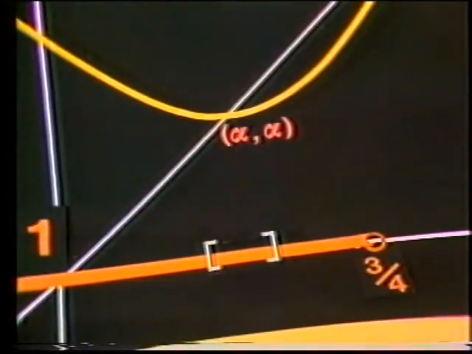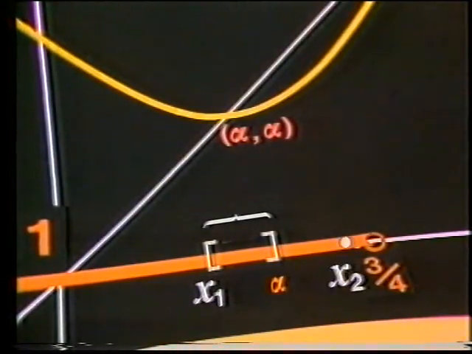Well, what's the furthest that x1 could be from alpha? It's got to be the length of this interval. Alpha might be at this end, and we might start at the other. We must make sure that if we jump over alpha, we don't go outside the big interval. And that'll be okay if we have an equal amount of space on the other side of alpha.